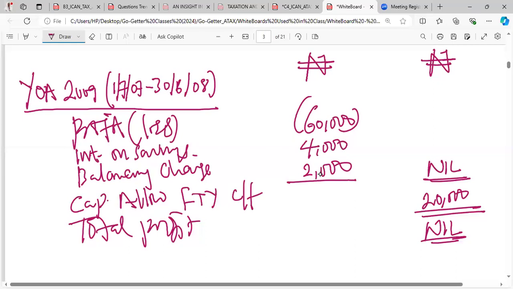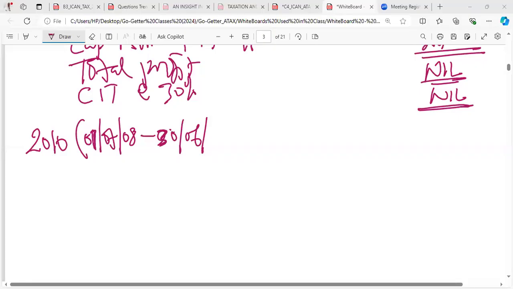Tax. We've done for 2009, 2010. Okay, so this is for 2010, from July 1, 2008 to June 30, 2009.